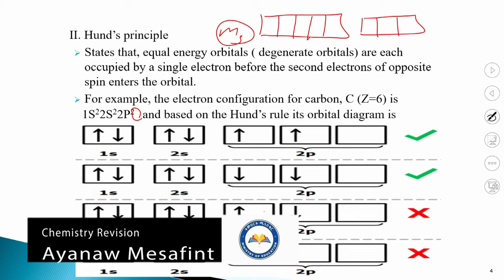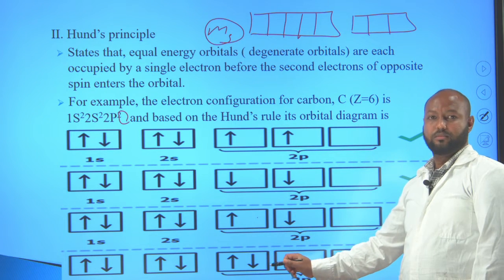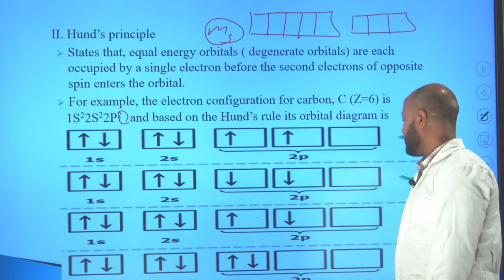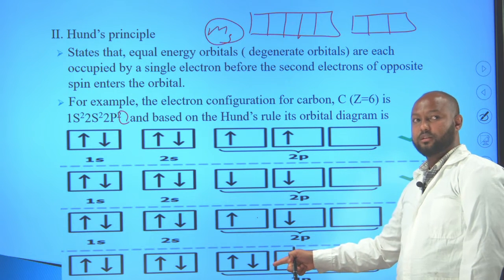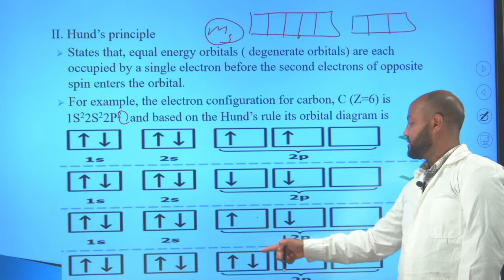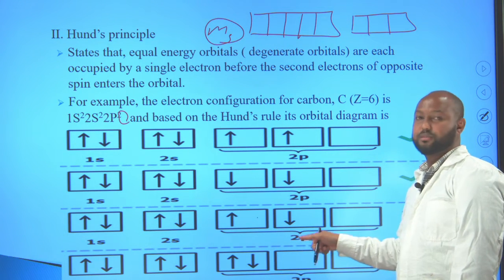So this is wrong. What about this one? 1s2, 2s2, 2p2, 2 electrons. Here the one is upward and the one is downward, but they should be filled singly. This electron comes one here and must be upward.